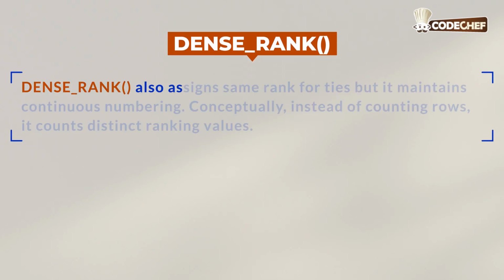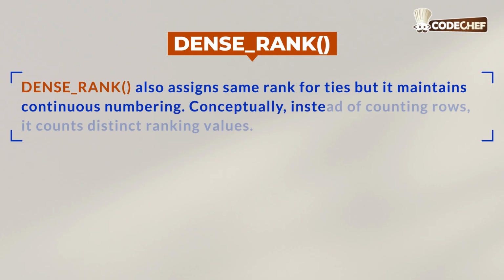Dense rank function. Dense rank function also assigns same rank for ties, but it maintains continuous numbering. Conceptually, instead of counting rows, it counts distinct ranking values. So the dense rank function also works like the rank function, but the only difference is that it does not skip the next rank if two values have the same rank.